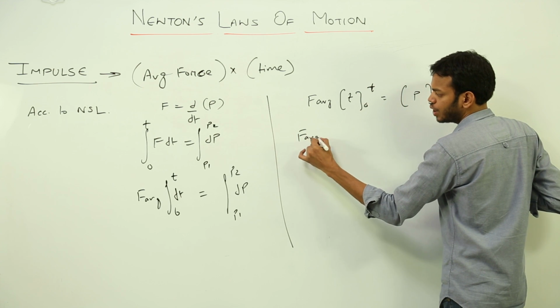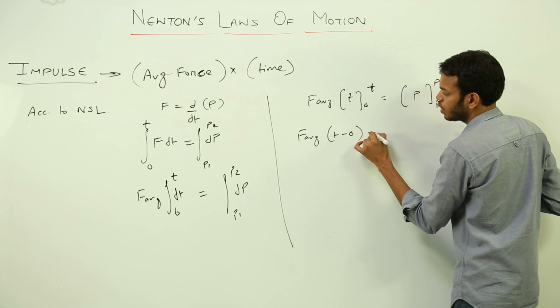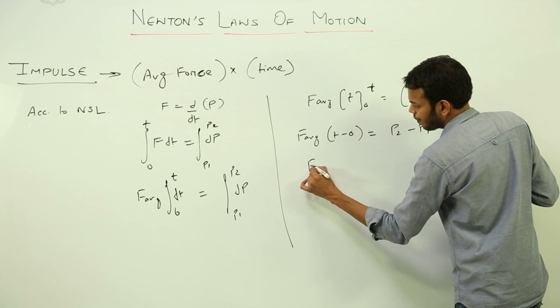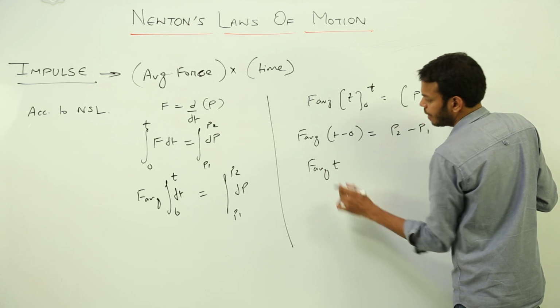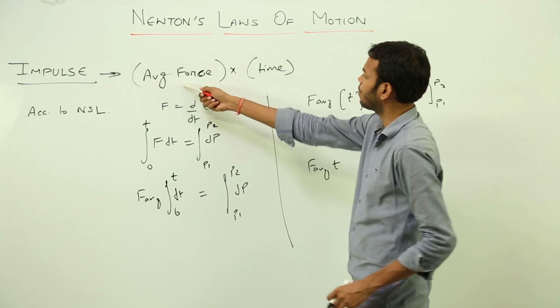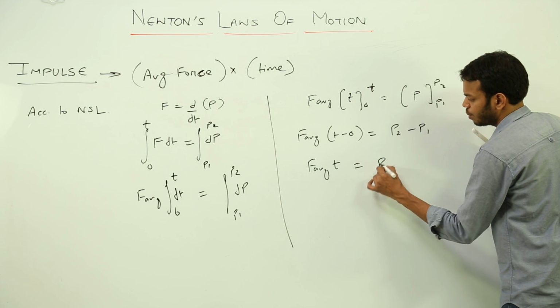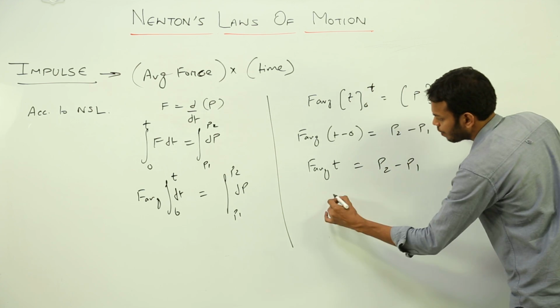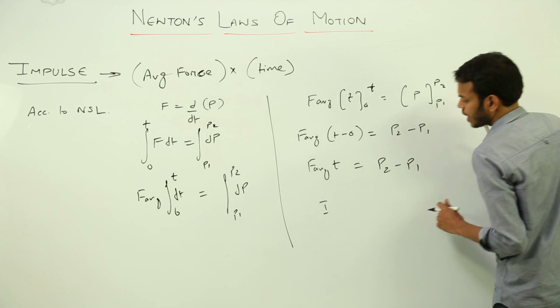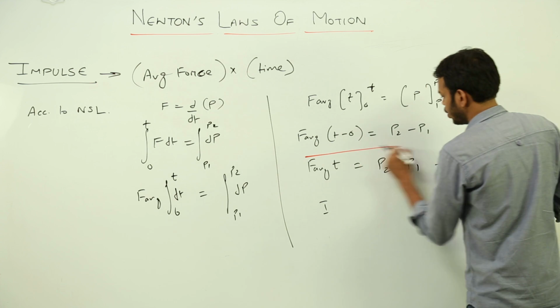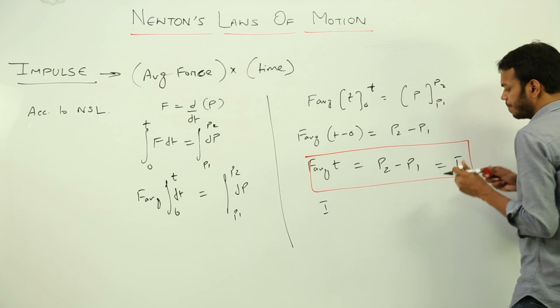So F average into (t minus 0) is equal to p2 minus p1. So F average into time, which is basically average force into time, which was impulse I, is equal to the change in momentum, p2 minus p1. So we get a formula for impulse. F average into time is impulse, which is the change in momentum.